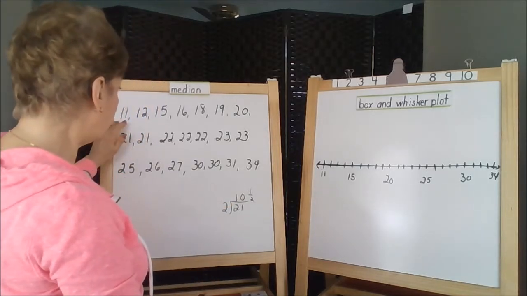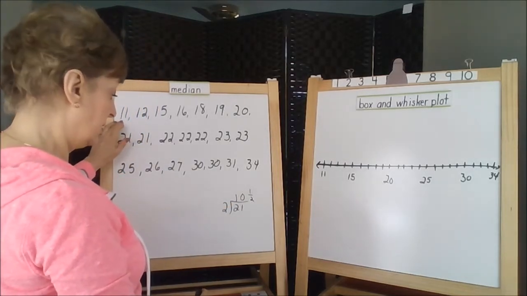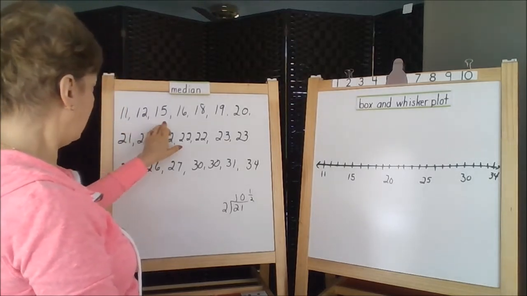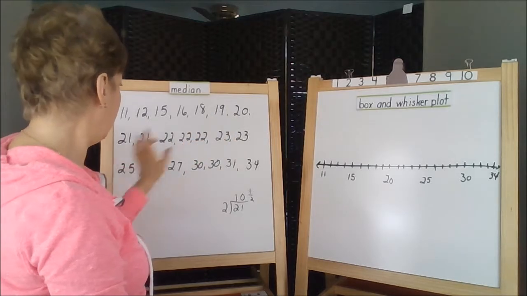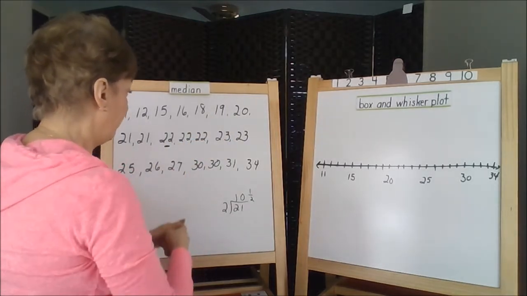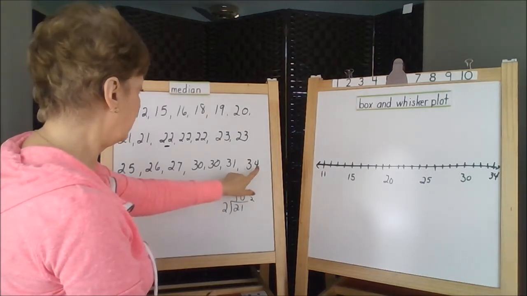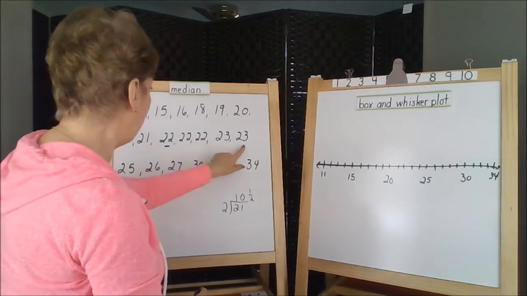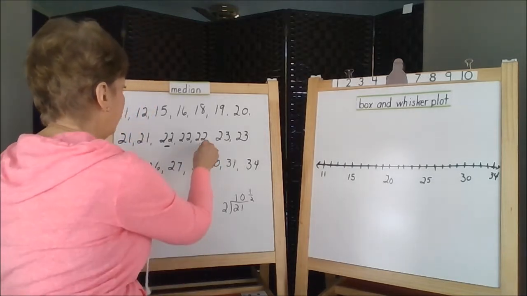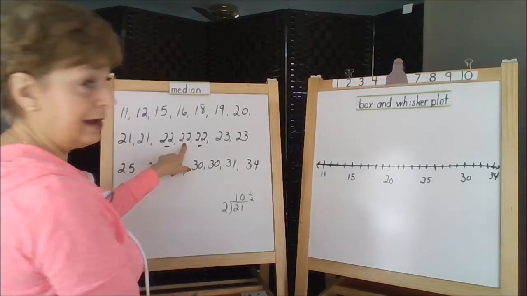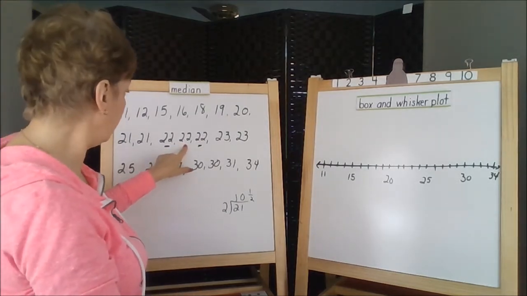So from the front, we will count over 10 items. 1, 2, 3, 4, 5, 6, 7, 8, 9, 10. And from the back, we're going to count over 10 items. 1, 2, 3, 4, 5, 6, 7, 8, 9, 10. The number that's between them happens to also be 22.